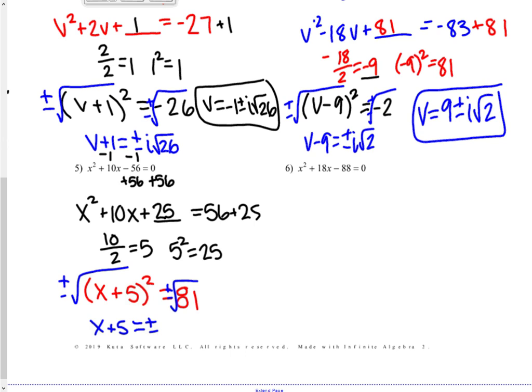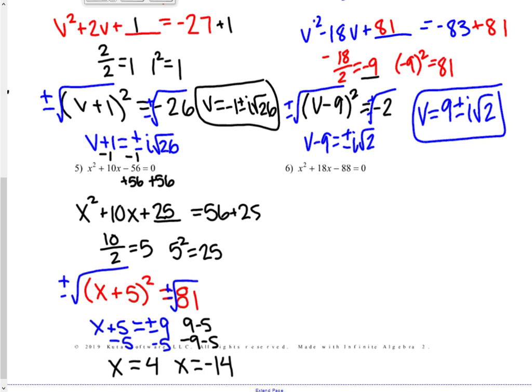The square root of 81 is 9, so we can simplify that down all the way. So I'll subtract 5 to get x alone. Remember, we need to think of this as a positive 9 minus 5 and a negative 9 minus 5. So x equals positive 9 minus 5 is 4. Negative 9 minus 5 is a negative 14.